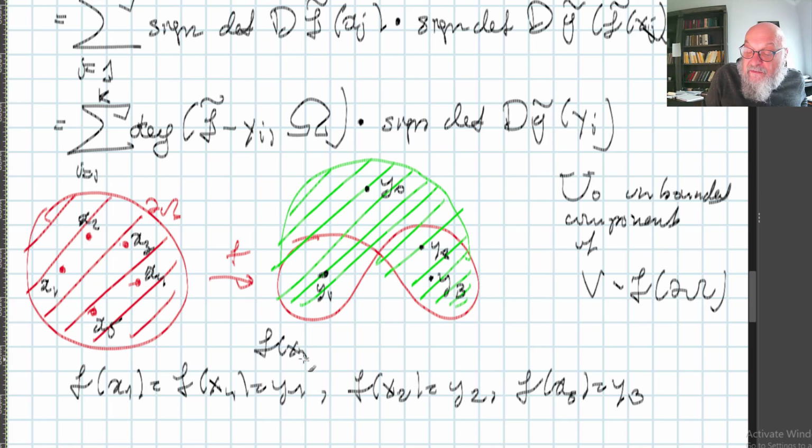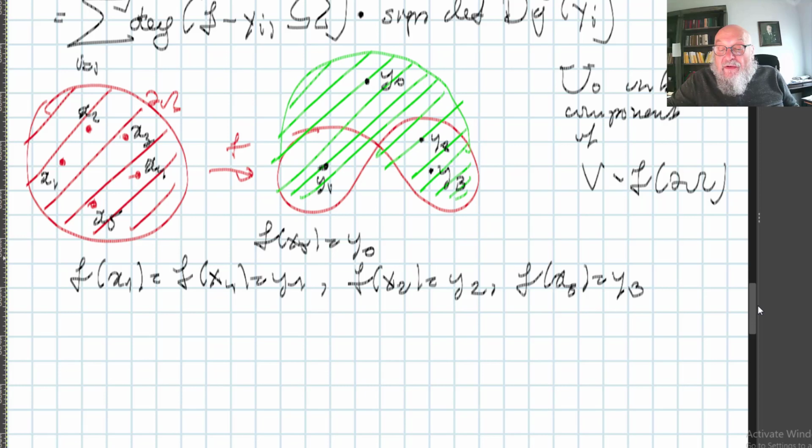That's basically the situation we have. And now if you look at the formula that we have here, you see you are computing this determinant.